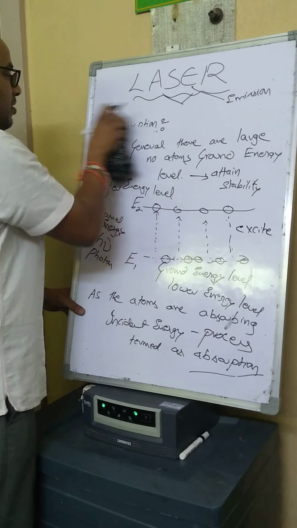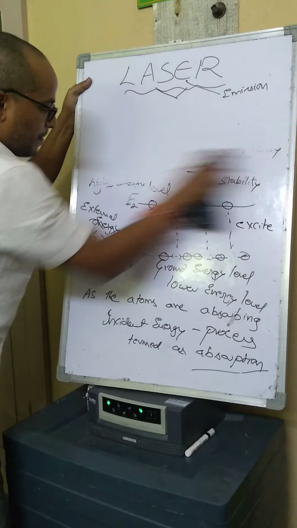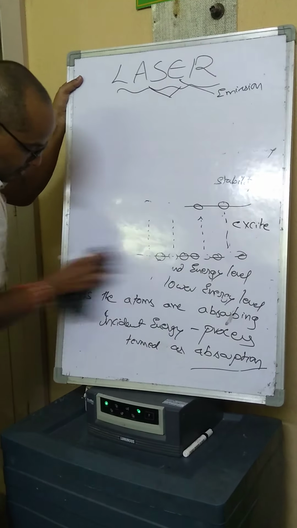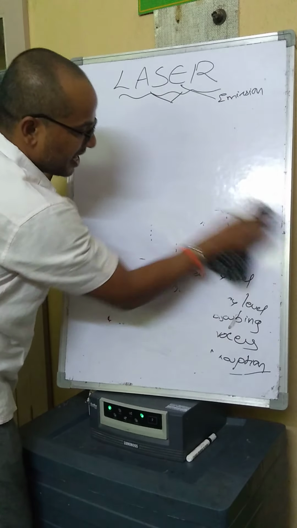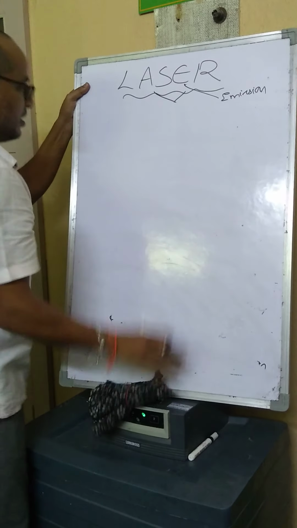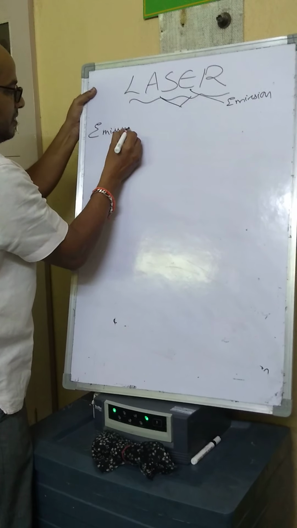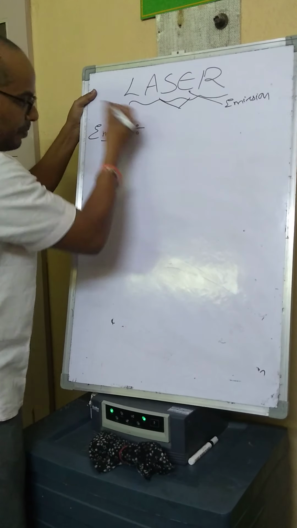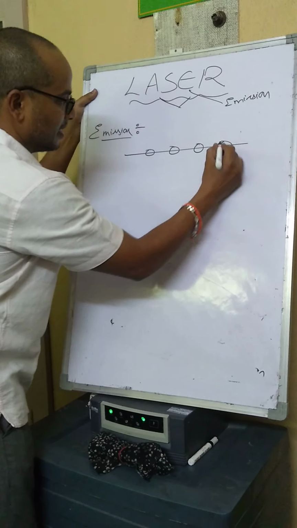Now let me go for the opposite term of absorption. The opposite term of absorption is emission, right? So let me go for the next topic, that is emission. Then what is this emission? Previously I said that some atoms are excited to a higher energy level.